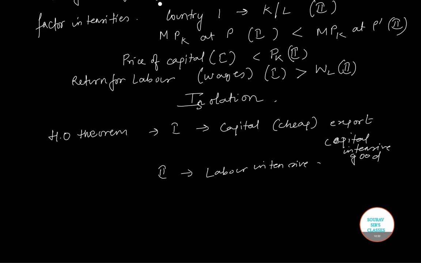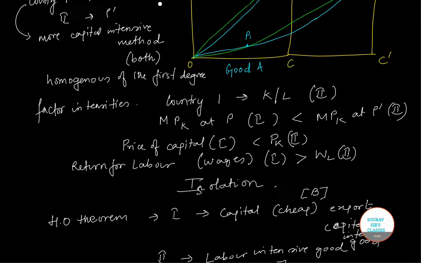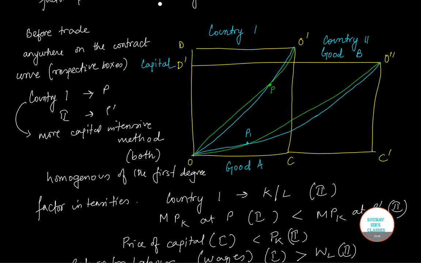Okay, and good B is actually capital intensive and good A is actually labor intensive. So this is the information. This is how the pre-trade situation looks like.